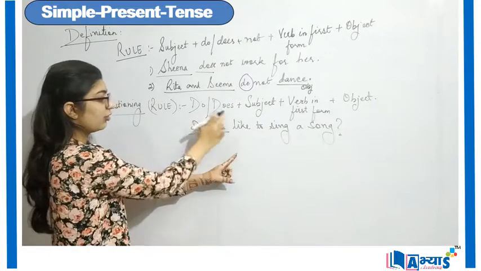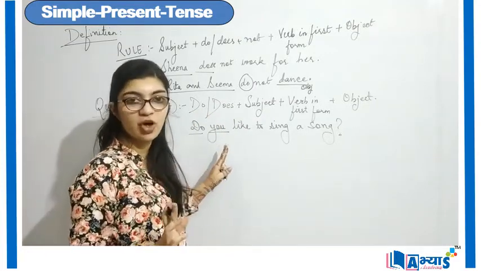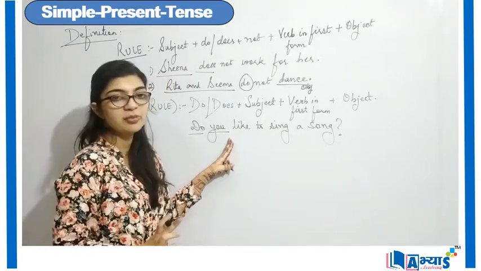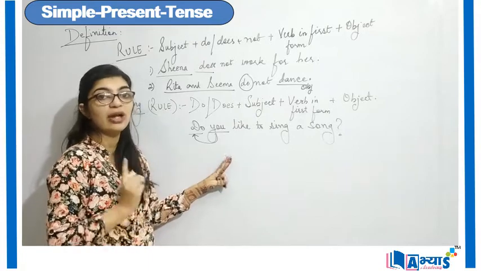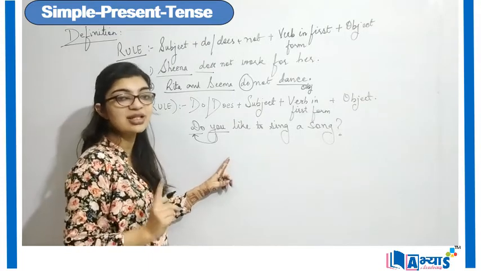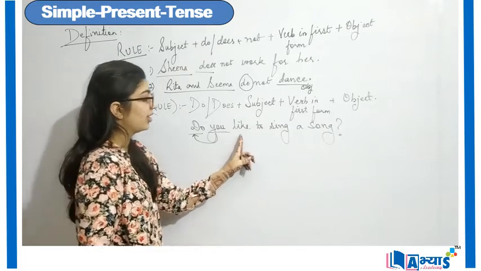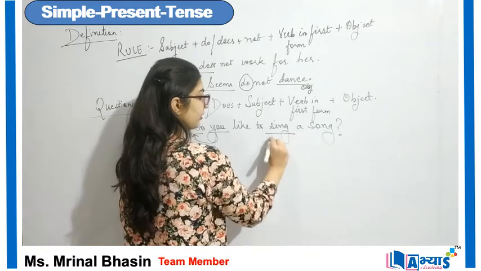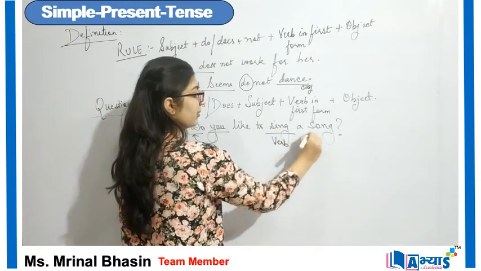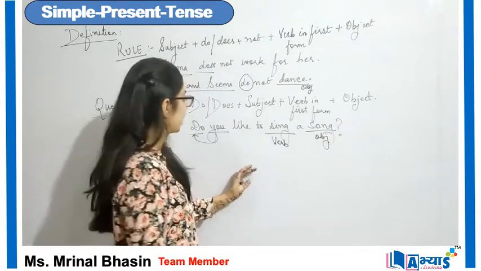Do over here, not does, because you is a second form of a person, and for second form of the person, we will always make use of do and not does. Does is used for the third form. So do you like to sing a song? Sing is again the verb. A song is again the object, right?